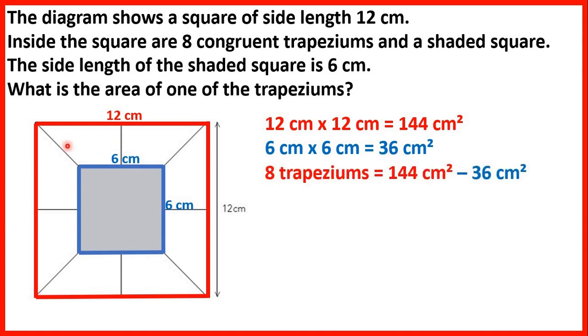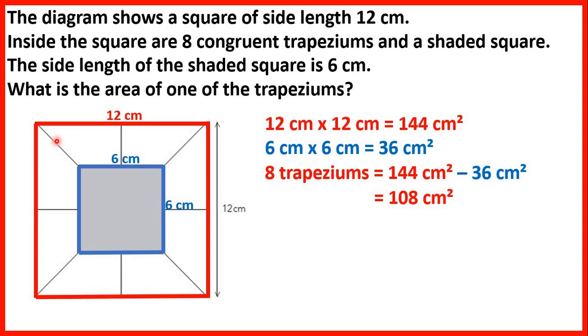So if we want to know the area of 8 of our trapeziums, we can subtract the area of the shaded square from the area of the larger square, and 144 minus 36 is 108.